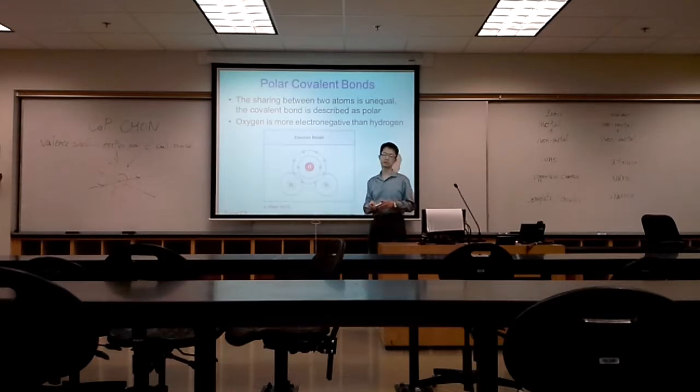You can think about the situation like bullying in high school. Oxygen is the big guy, that's why it can bully the small guy, hydrogen. So remember in high school bullying, what did the bully usually do? Bullies usually take the lunch money from the weaker student, right?